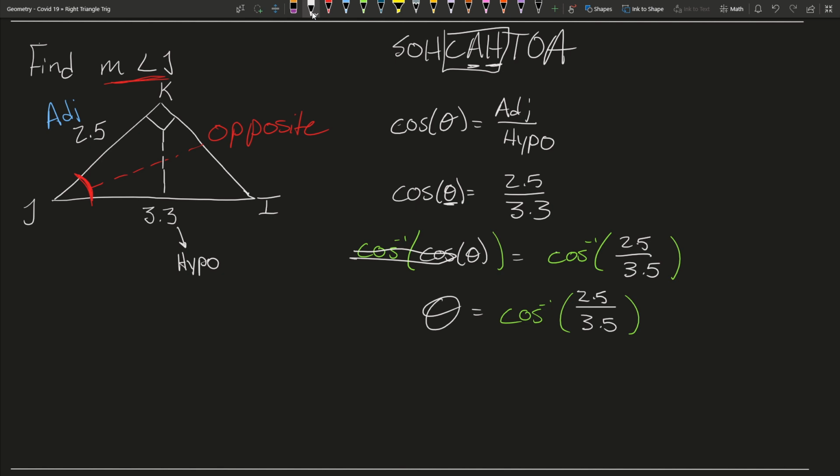And again, we can type that into our calculator or go to Desmos and do something very similar to what we just did.